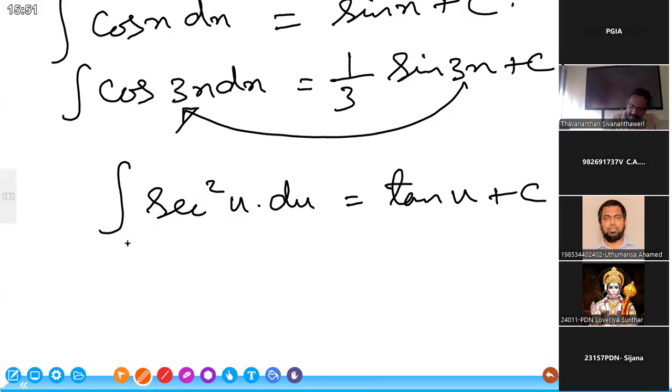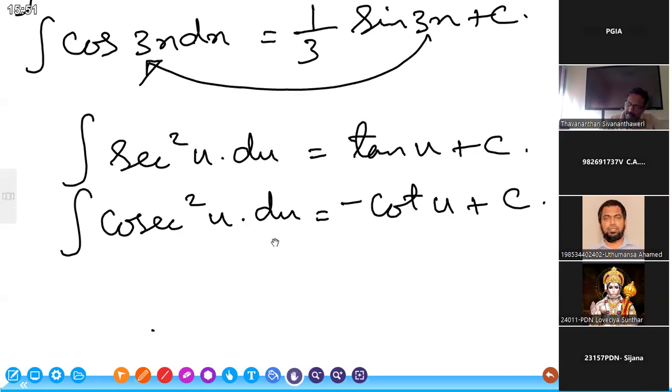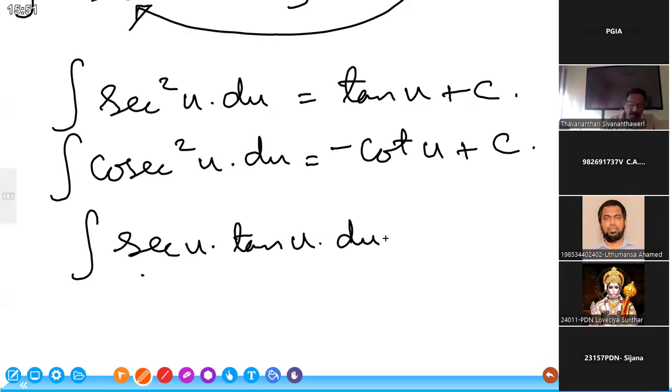Integration of cosec square u du is equal to minus cot u plus c. This is just for knowing. Integration of sec u tan u with respect to u will be sec u plus c.